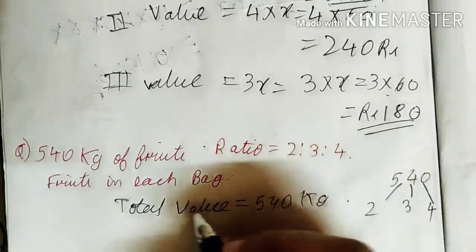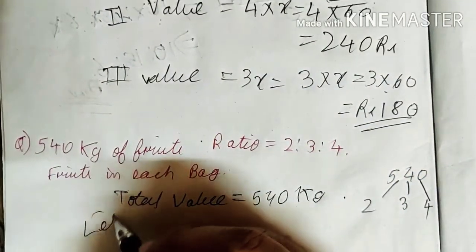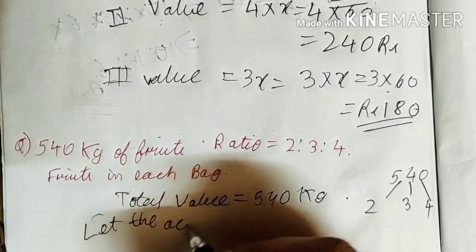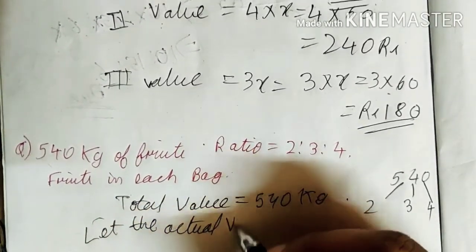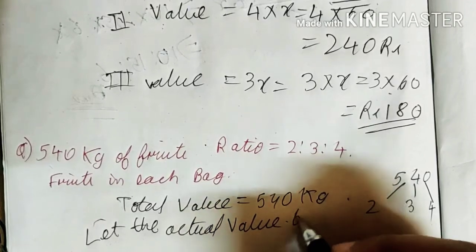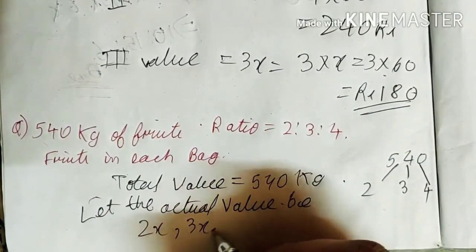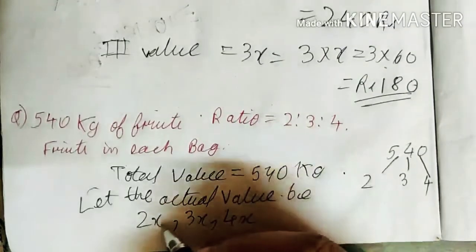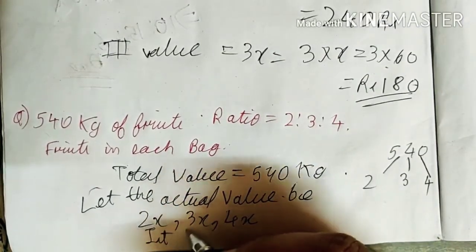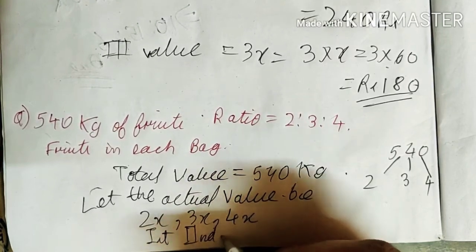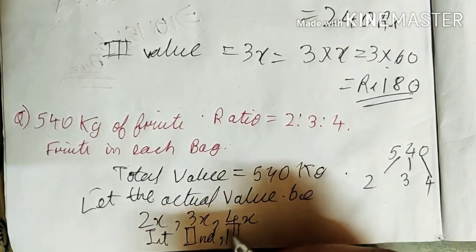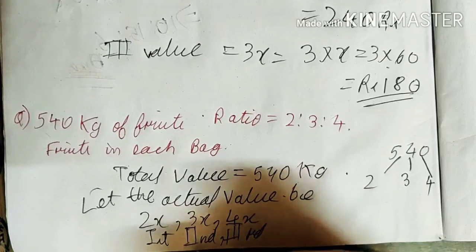These are not the actual values, so let the actual values be 2x, 3x, 4x. This is for the first bag, this is second bag, this is third bag.